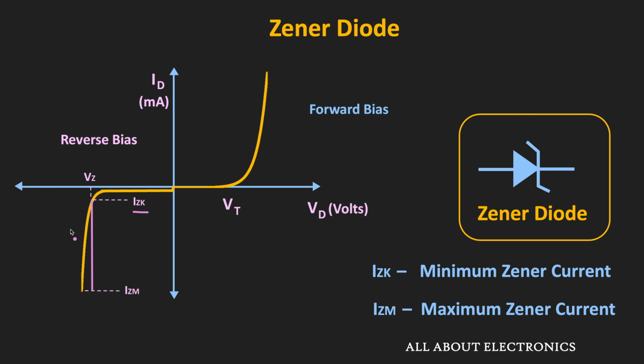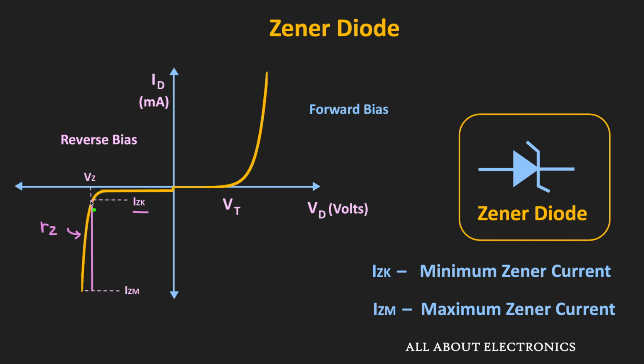This increase in the voltage defines the series resistance along with the Zener voltage. This resistance is known as the Zener resistance, defined as RZ. That means beyond this IZK, when the current starts flowing through the Zener diode, then with the increase in the Zener current, the voltage of the Zener diode will also slightly increase.